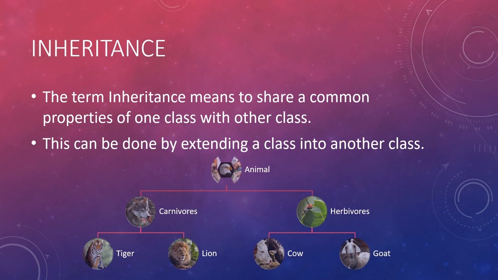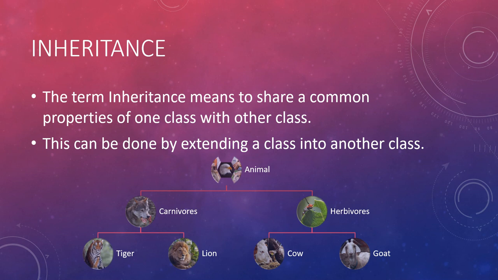Next we are going to see inheritance. The term inheritance means to share the common properties of one class with another class. This can be done by extending a class into another class. You would have studied the term heredity in biology, which means the transmission of genetically based characteristics from parents to the offspring.